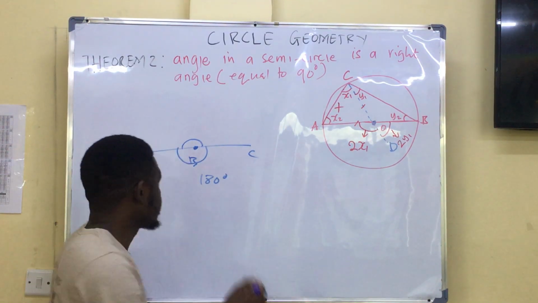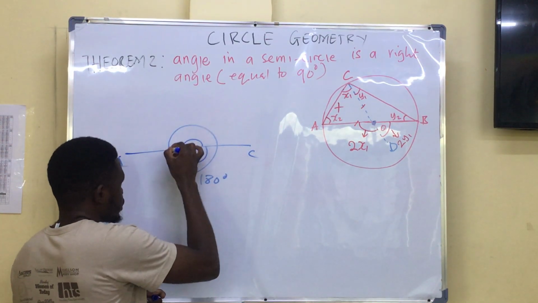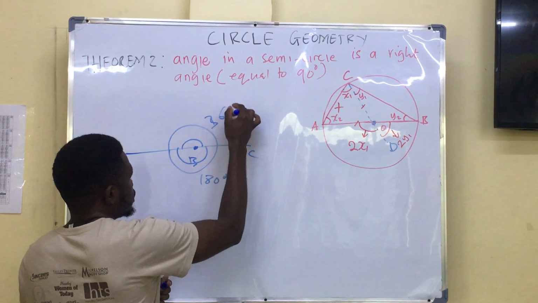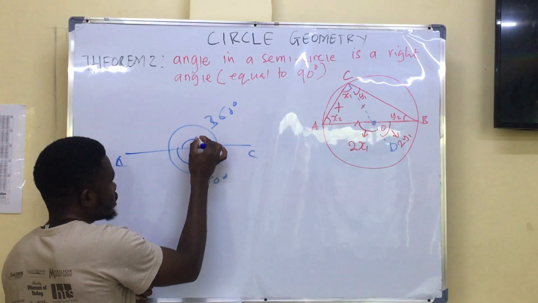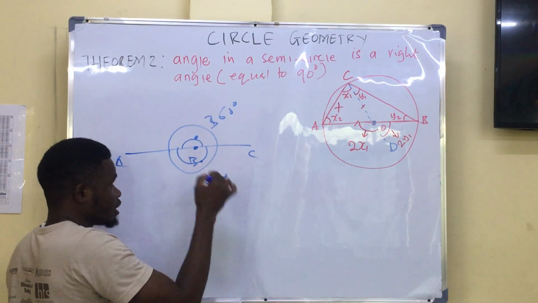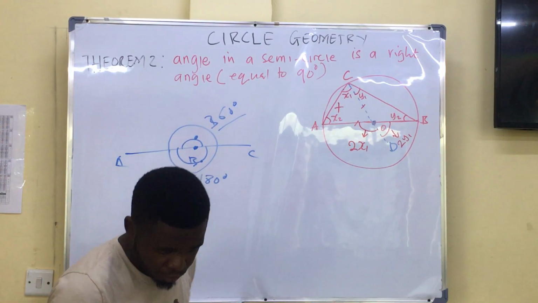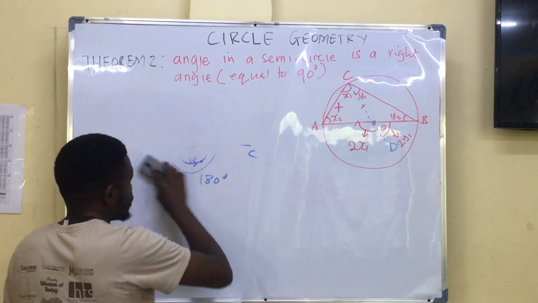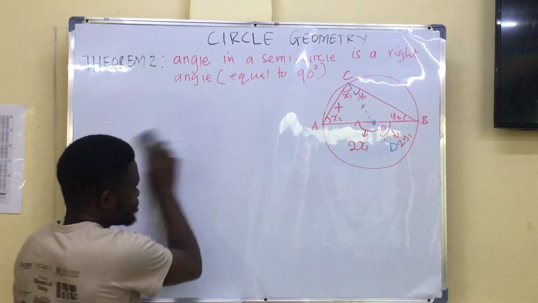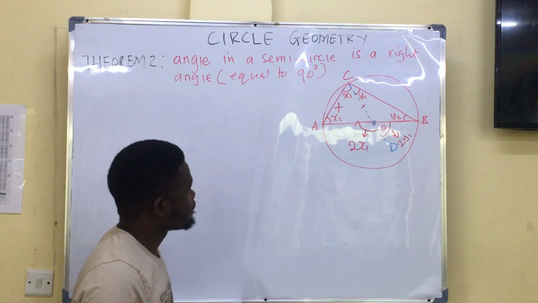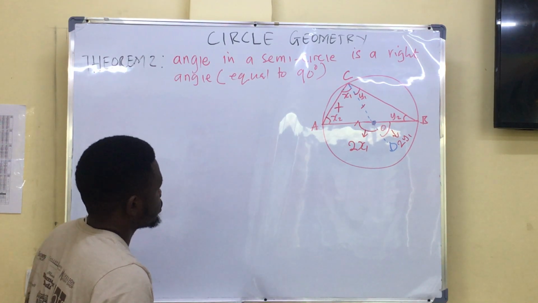The complete turn from here to here is 360 degrees. Why? We are taking this one 180 degrees and this one 180 degrees, adding them together 360, right? So we use the same concept there, so don't be confused.